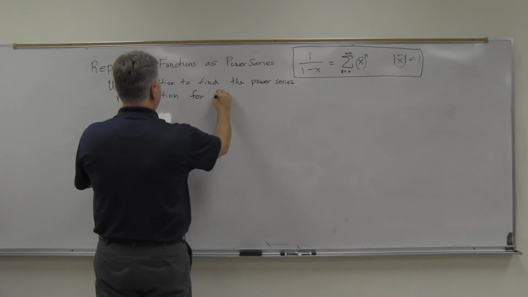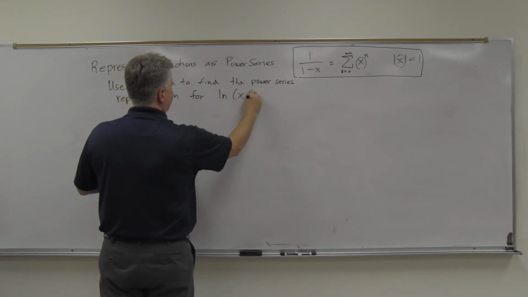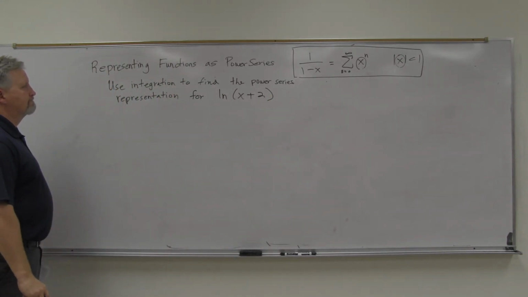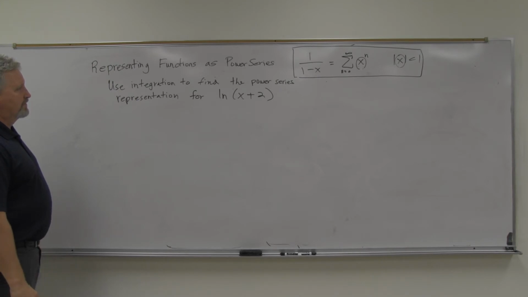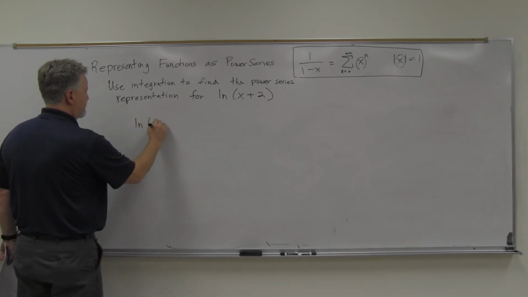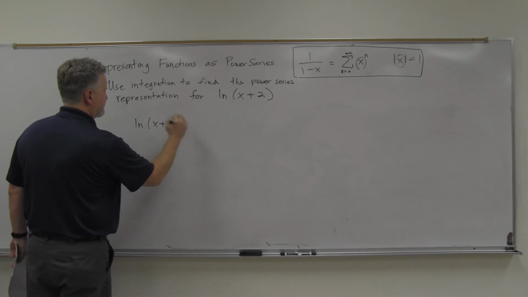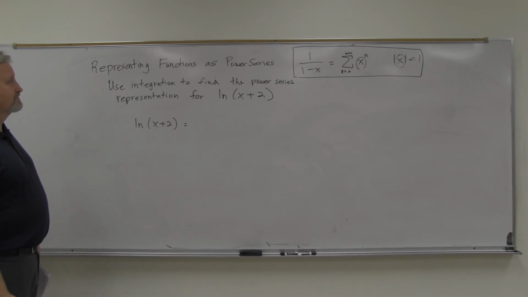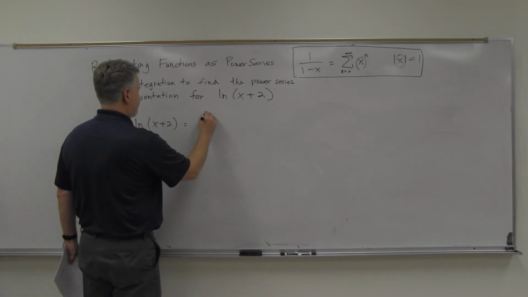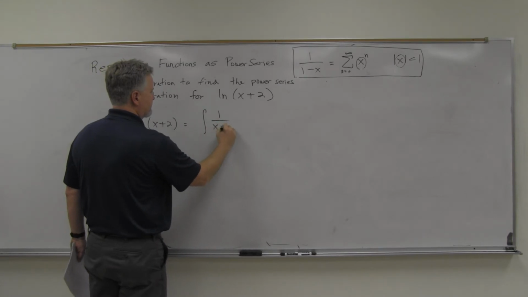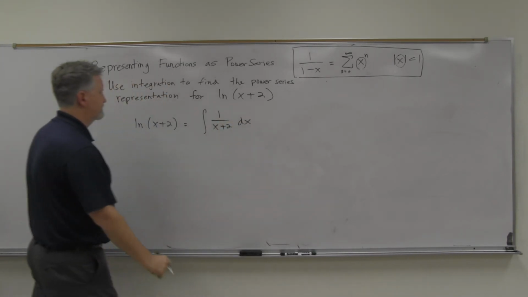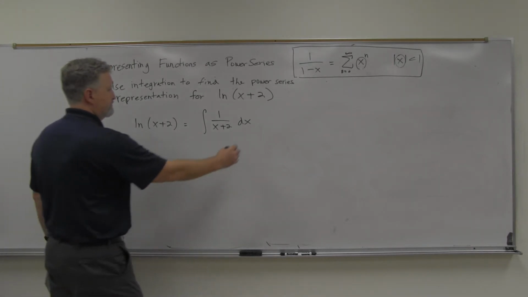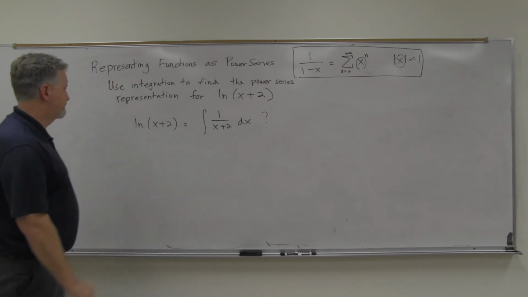So let's write ln of x plus 2. How do you think we're going to get ln of x plus 2? Probably by integrating 1 over x plus 2, right? Is that true?